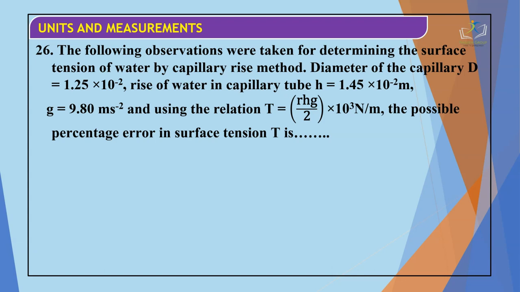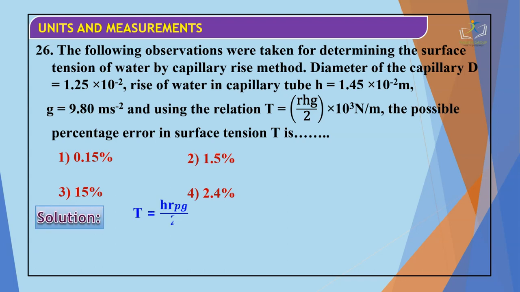The possible percentage error in the surface tension T is, we have options 0.15%, 1.5%, 15%, 2.4%.